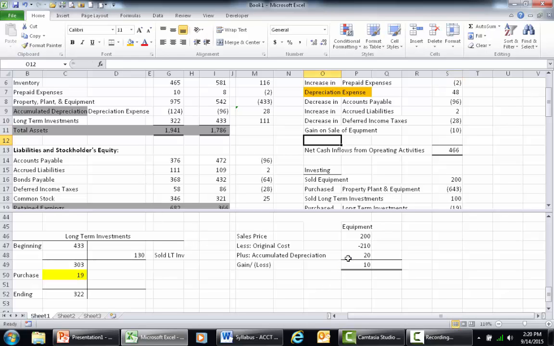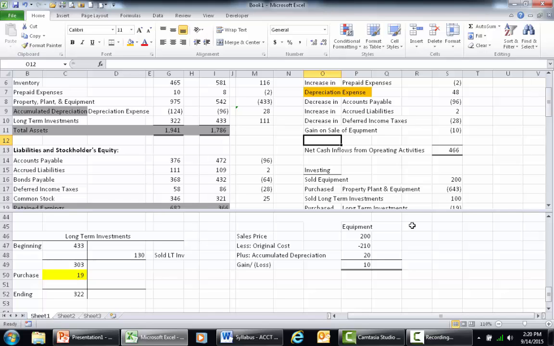You have to flip the signs on both your gains and your losses. And the reason is that gains and losses, just like depreciation expense, are accrual basis concepts. They don't represent what happened with the cash directly, right? So we had a gain of 10, but that gain was already incorporated into the sales price and all of those other accounts. And because it's just an accrual basis concept, we would have had income that would have been increased by that gain.